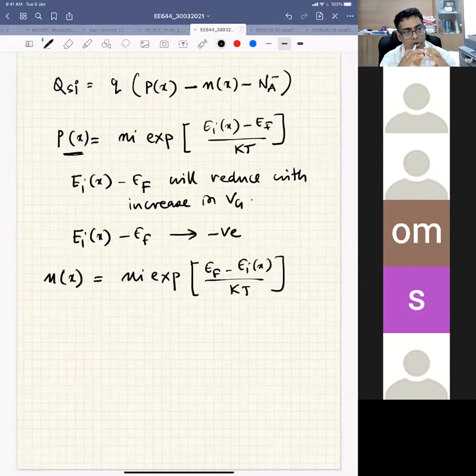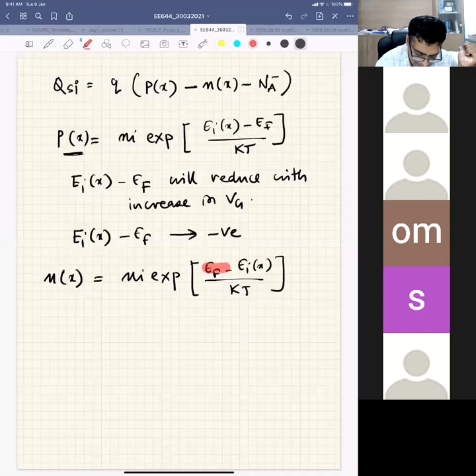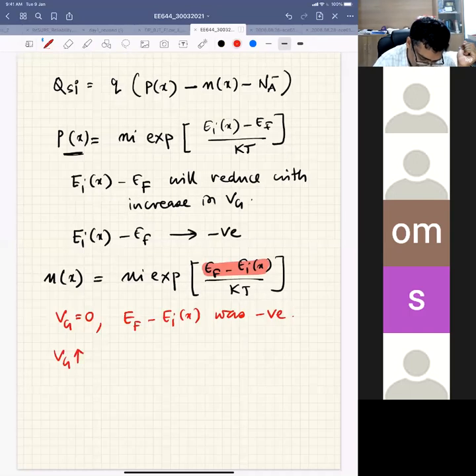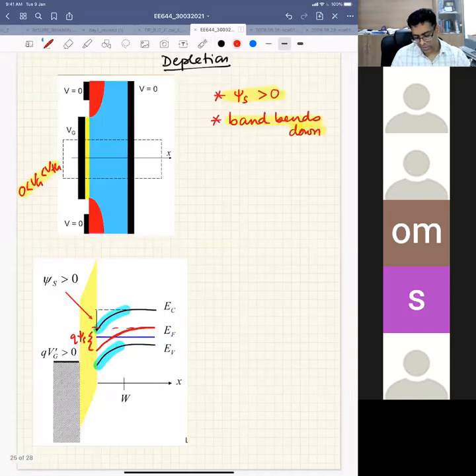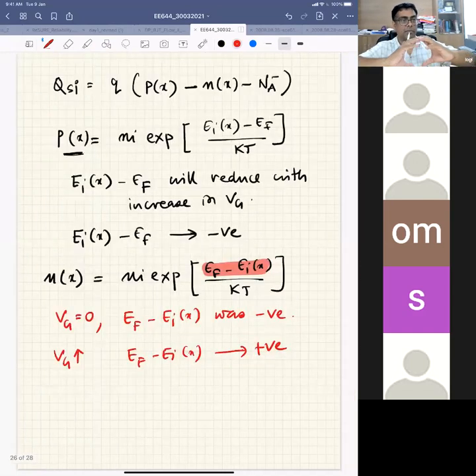When we're not applying any gate voltage, in the beginning, at VG equal to 0 condition, your EF minus EI x was negative, right? If you increase VG, EF minus EI will slowly become positive because you see your EI is going below EF, right? So it explains that the number of electrons is increasing.